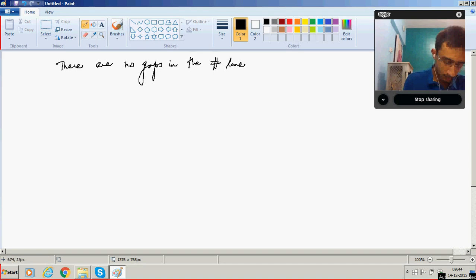So what does it mean, Surya? To every real number there corresponds a point on the number line and vice versa. There are no gaps in the number line, or we say the reals is a complete field.